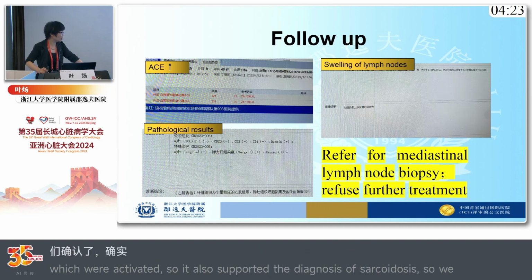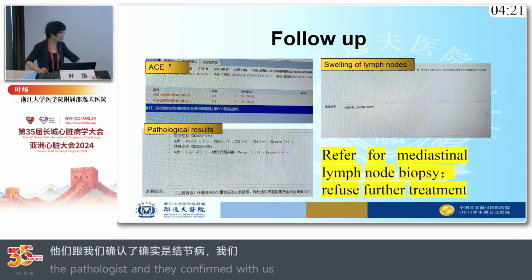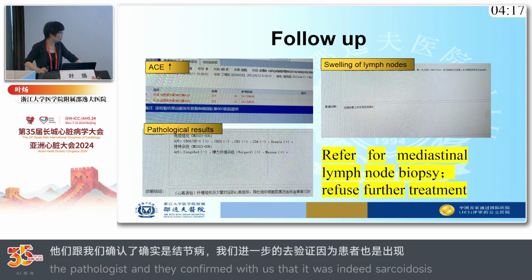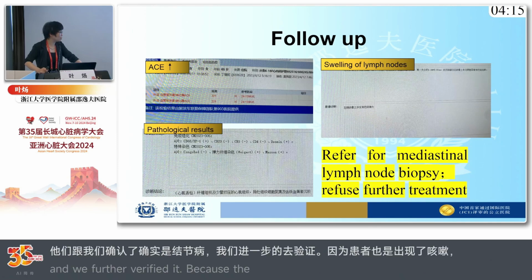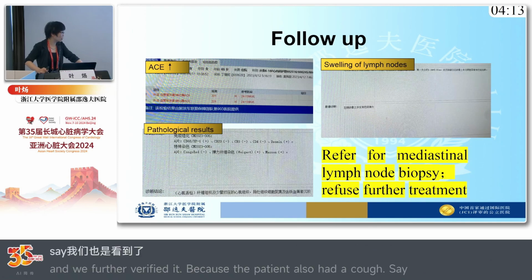So we asked the patient, because she sometimes coughed. We referred for a lymph node echo and also found some lymph node swelling. We referred the patient to the respiratory department, but she refused further treatment.